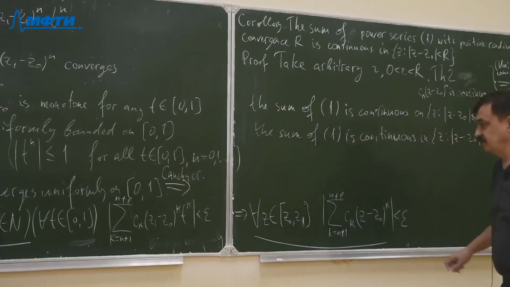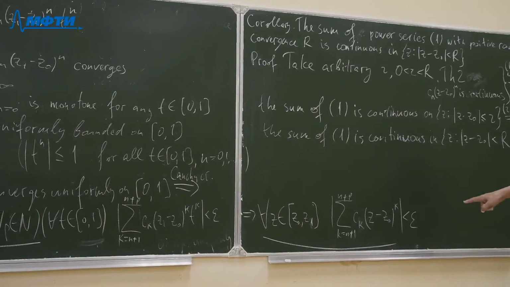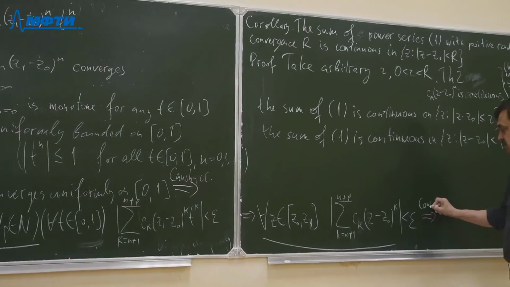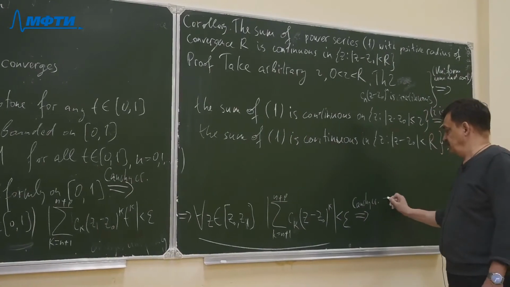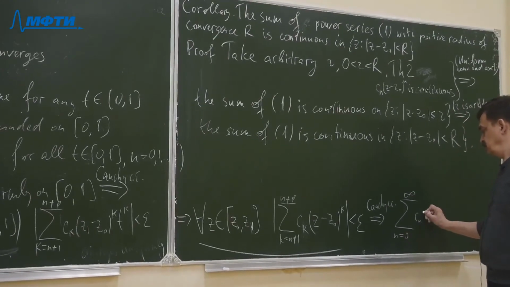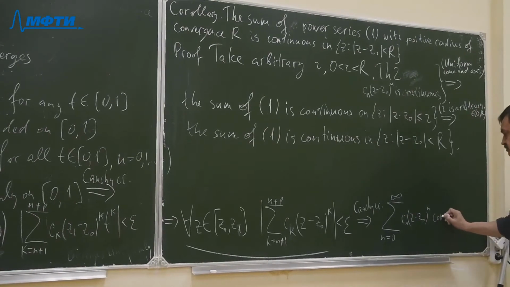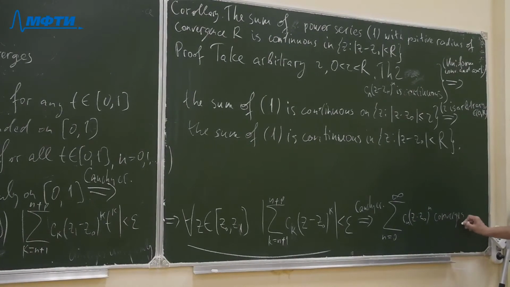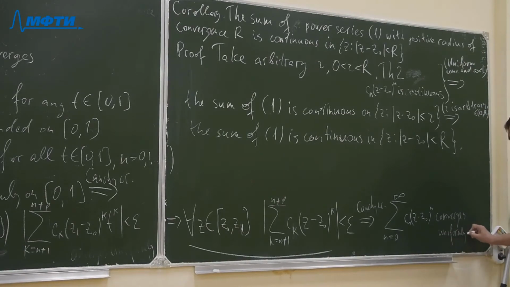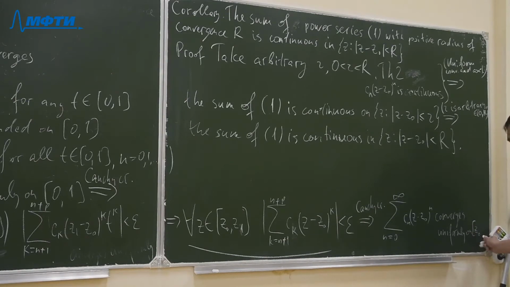So what is underlined is precisely the Cauchy criterion, again, that our series 1 converges uniformly on z0, z1.